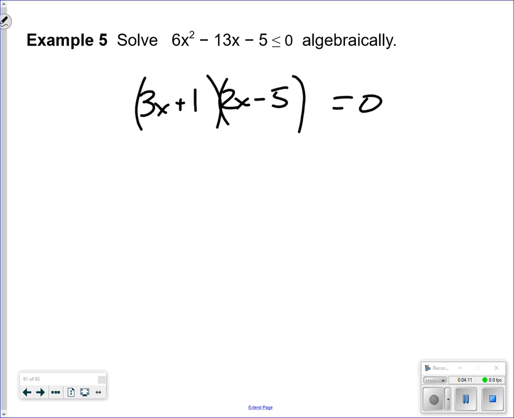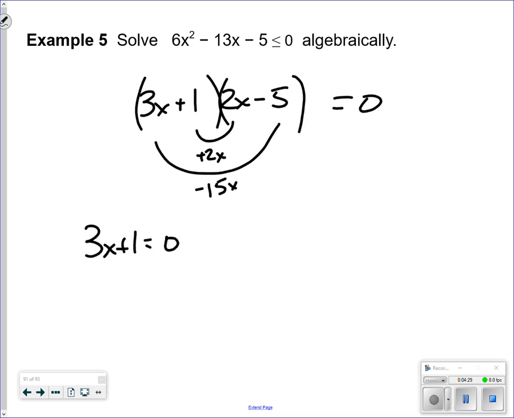Let's check it. I'm a good guesser, so we'll see if this actually checks out correctly. So I got a plus 2x and a minus 15x. It works. How do I go about solving it? I set those equal to 0. x is equal to negative 1/3, and x is equal to positive 5 halves.